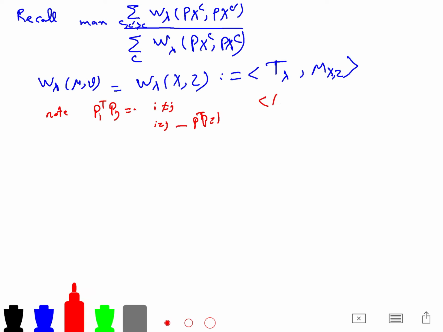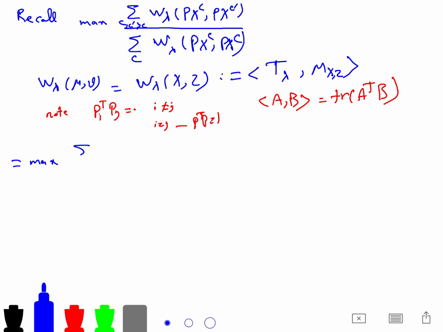And when i is j, P transpose P is 1. The other thing you need to use in this substitution is that the inner product of two matrices is just trace of A transpose B. So by substituting that, let's just substitute it together.